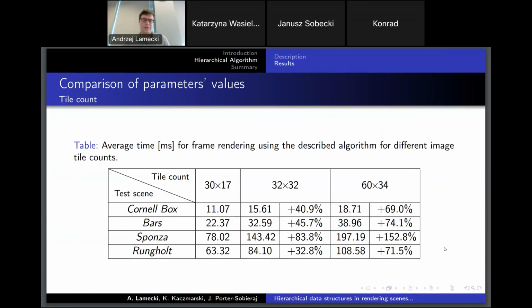The numbers in the table are average time for the test, for the moving camera, averaged across all frames, and the percentage change from the first column. And we have noticed that the lower the tile count, the lower time we needed to render a frame on average.